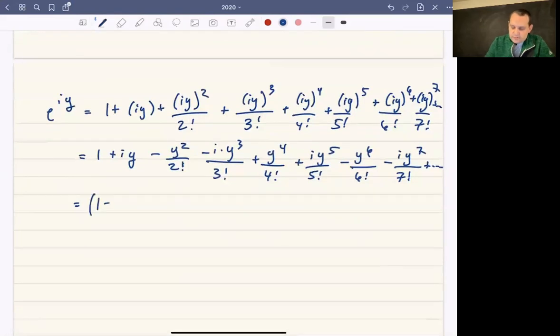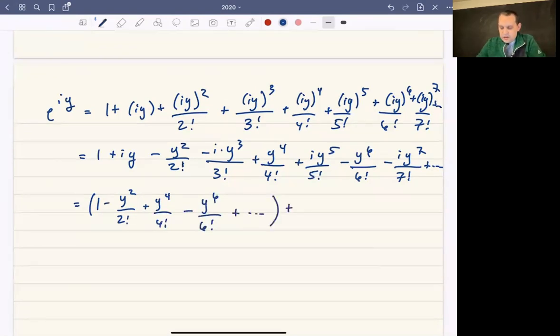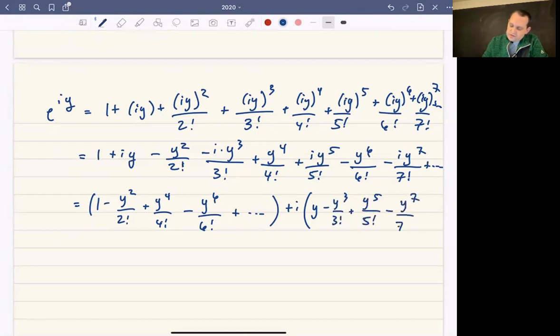So this is 1 minus y squared over 2 factorial plus y to the 4th over 4 factorial minus y to the 6th over 6 factorial, and so on, plus i times, let's see what happens when we factor an i out of the other terms, we're left with y minus y cubed over 3 factorial plus y to the 5th over 5 factorial minus y to the 7th over 7 factorial, and so on.